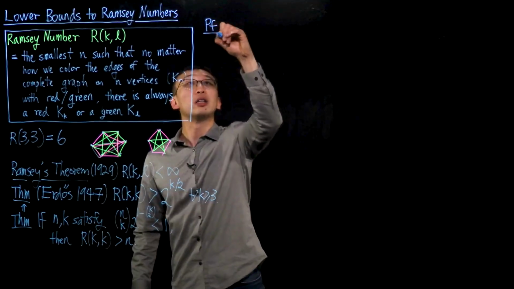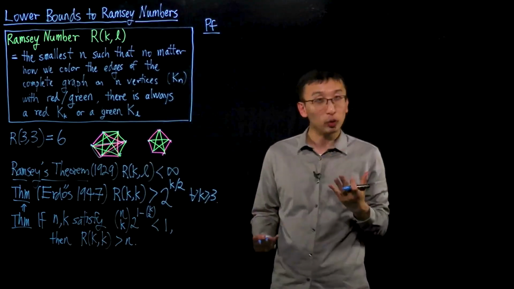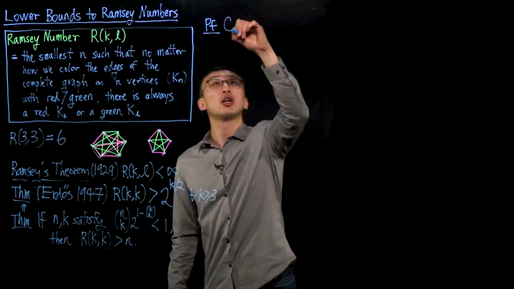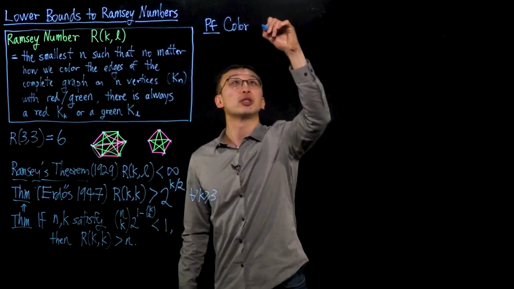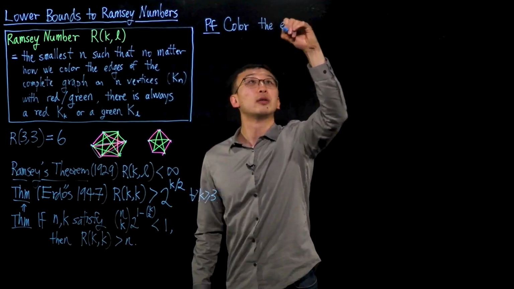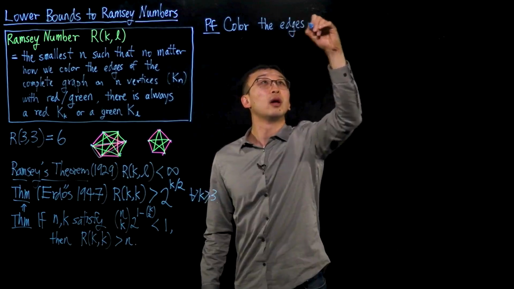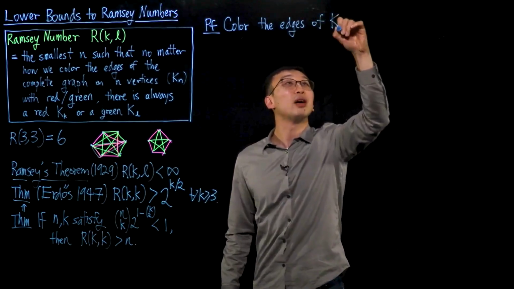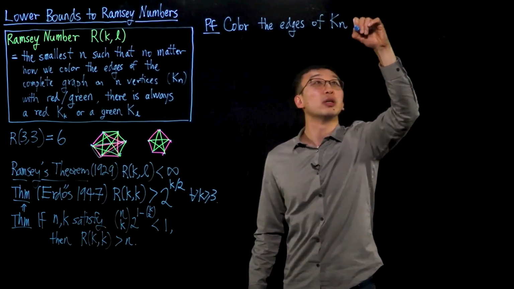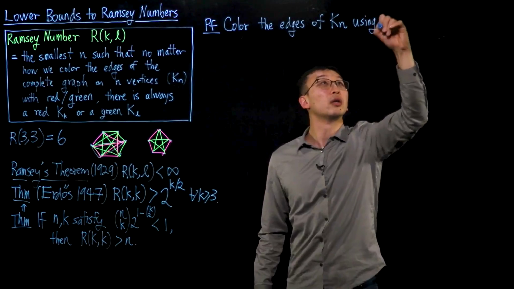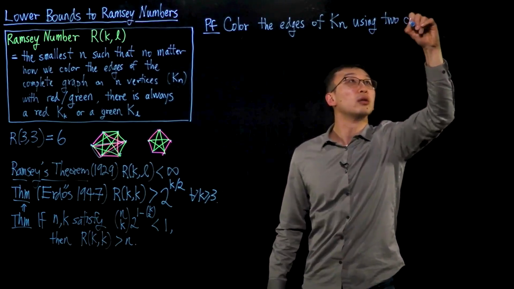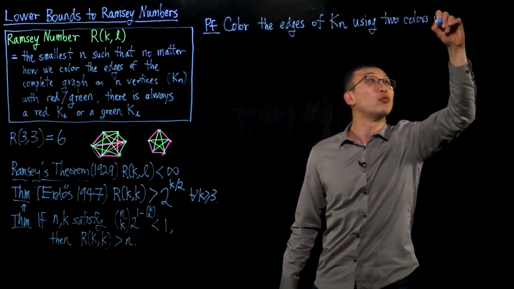How do we find such a coloring? Well, let's do it randomly. So let's color the edges of a complete graph on n vertices using two colors uniformly at random.